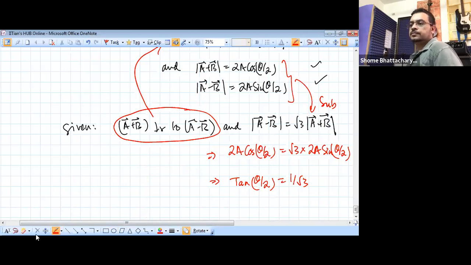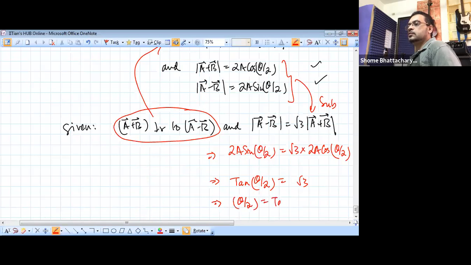My mistake. This one is A minus B, so this should be sin, and this one should be cos. Just make a correction here. So this one is sin, and this one is cos. So it's root 3 in fact.